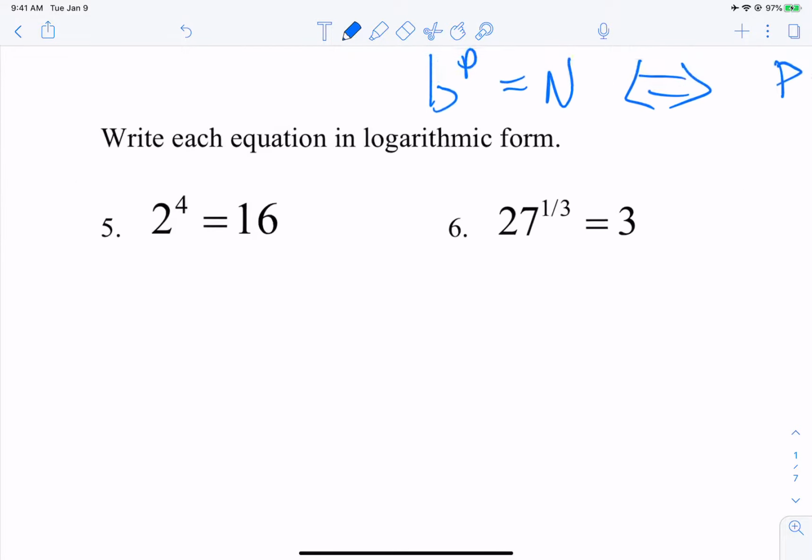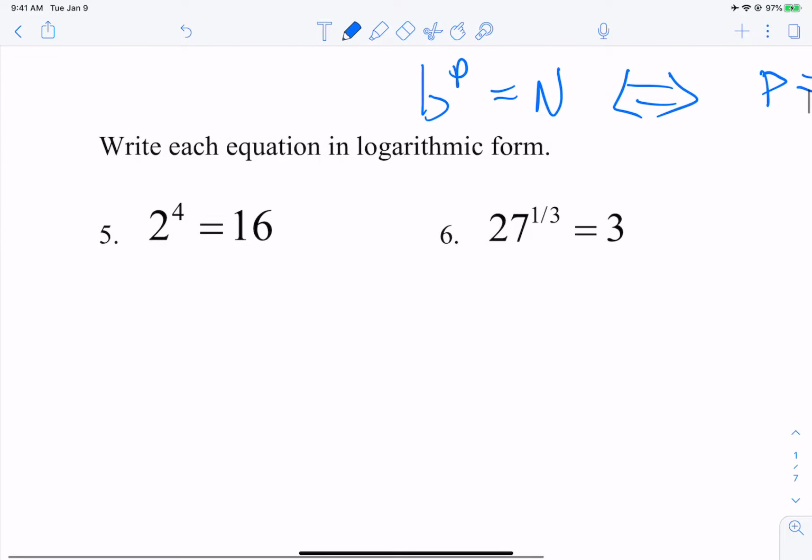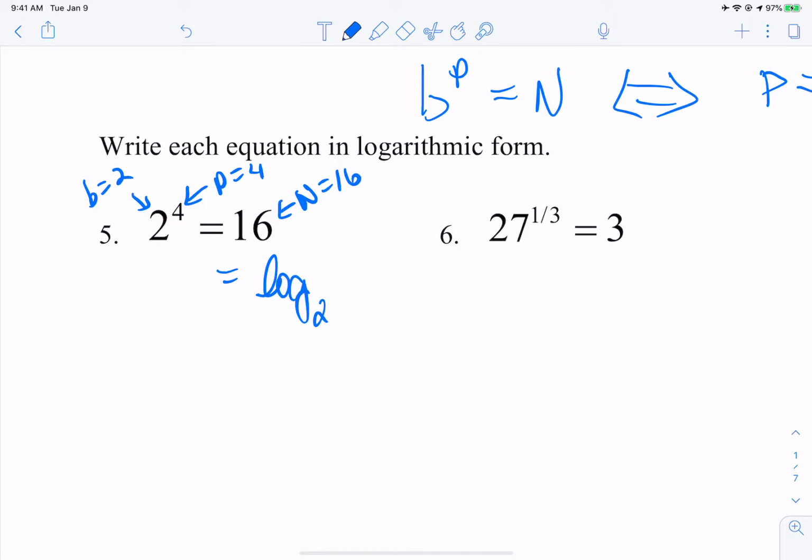So if we look at number 5, our base is 2, our power is 4, our number is 16. So on the 16, we're going to put a log base 2 of the number 16, which is really saying what power on a 2 gives me a 16, and that's why the answer is 4.